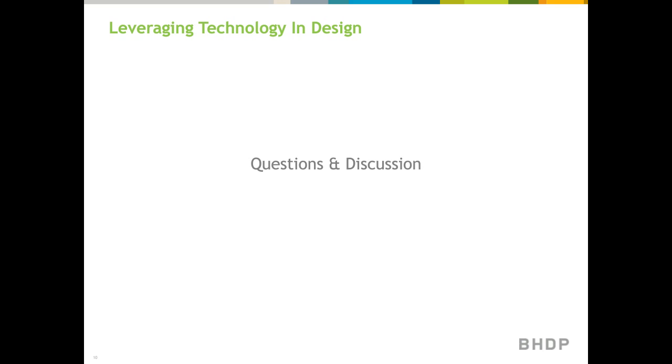A couple other questions here. So here's one. Within an existing production facility, is it necessary to model the entire operation to evaluate and analyze the impact of a production change? And I'd say not necessarily.